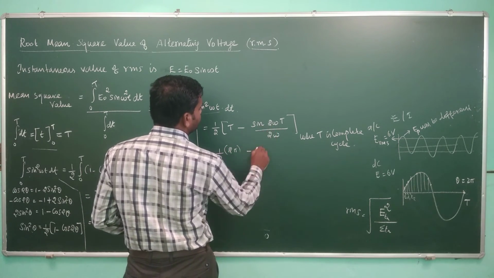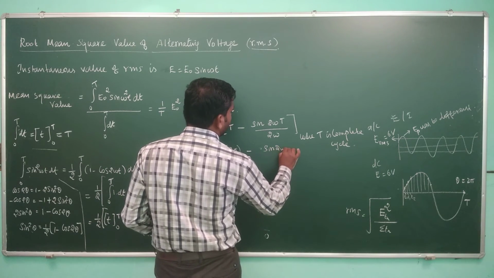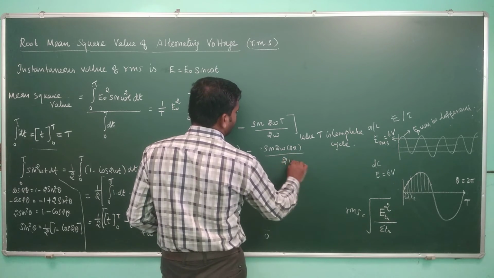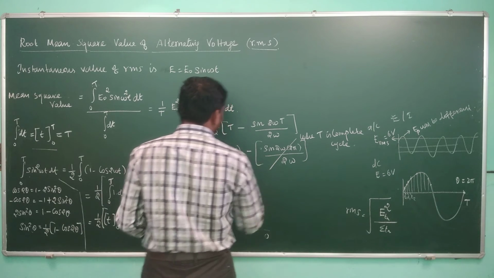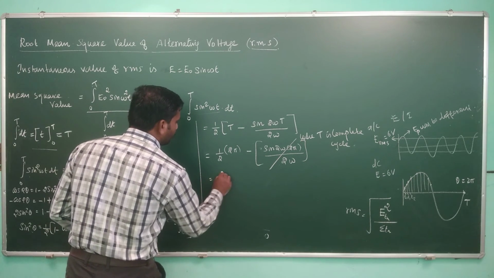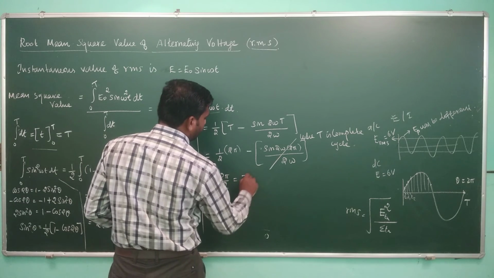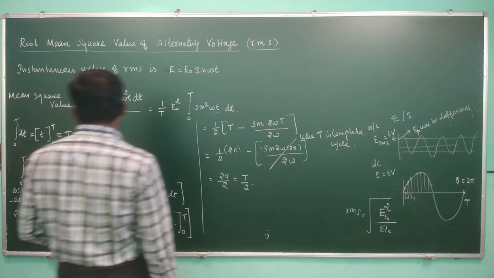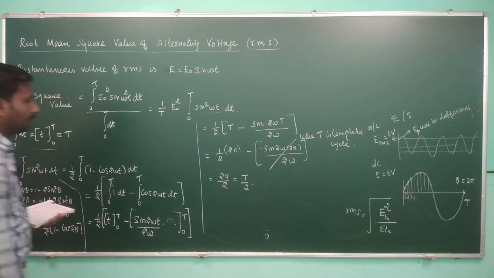Here sine 2 omega into 2 pi by 2 omega, this will cancel out. What remains is 2 pi by 2, or you can again write this as T by 2. So here we have the integral of 0 to T of sine square omega t into dt.